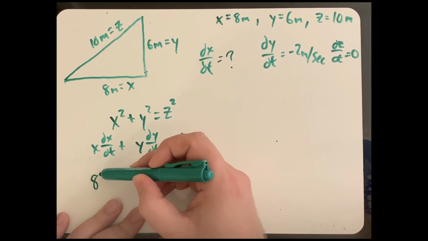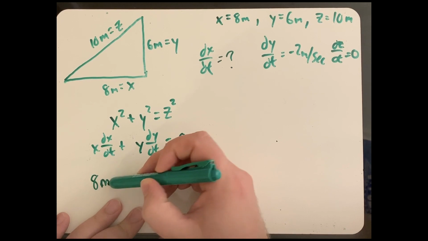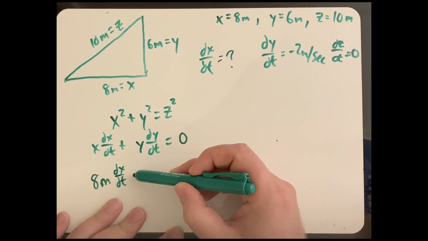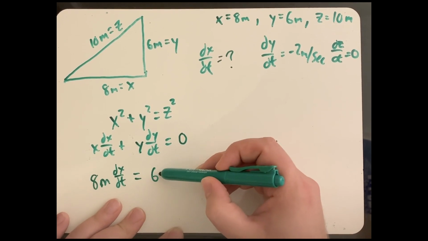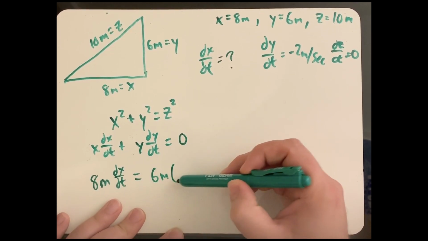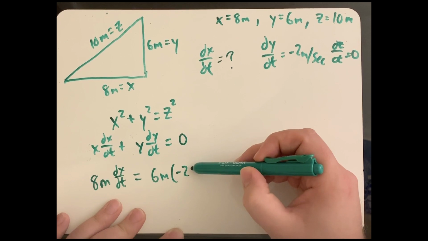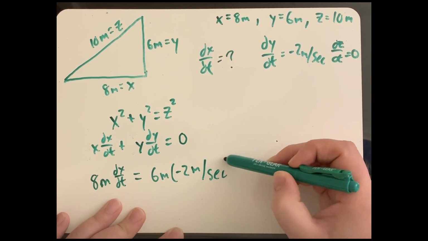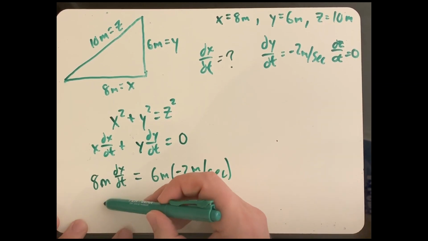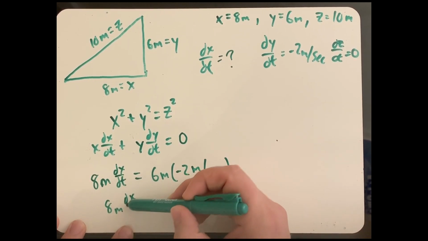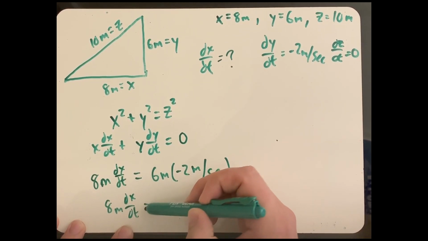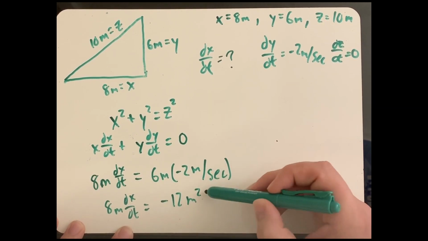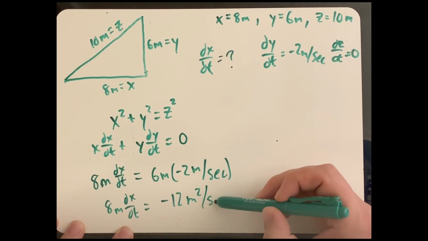So I will have 8 meters times dx over dt is equal to 6 meters times -2 meters per second. 8 meters times dx over dt gives me -12 meters squared per second.